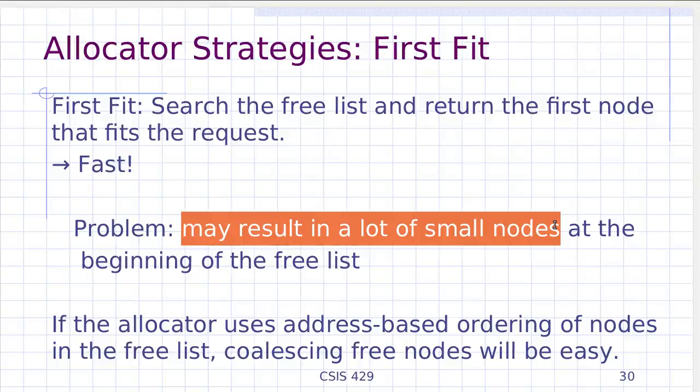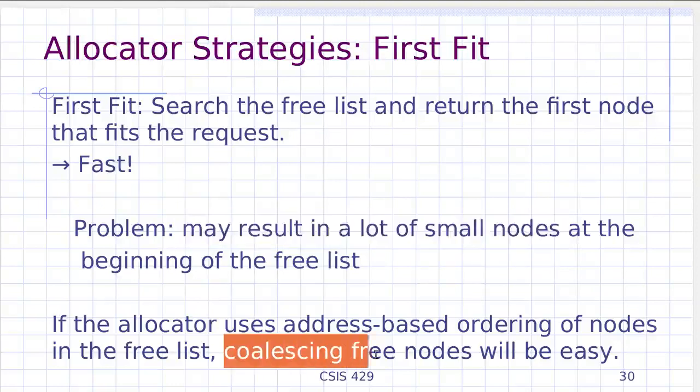And there are some things that you could do. For example, we'll take another look at another version of this, but if the allocator uses an ordering of the linked list based on the address, so lower address is first and higher address is last, then coalescing is actually not so bad.